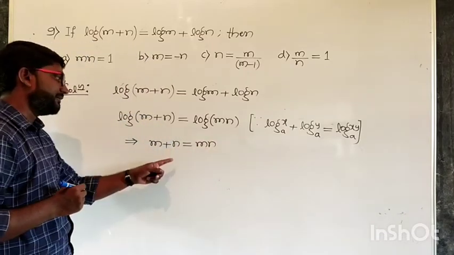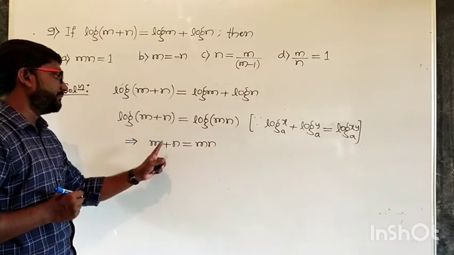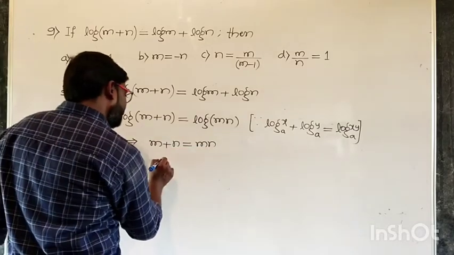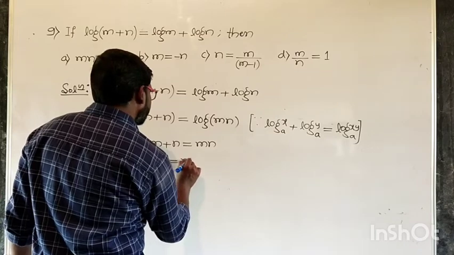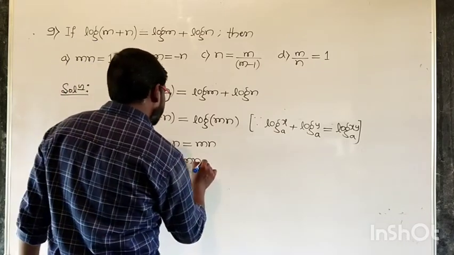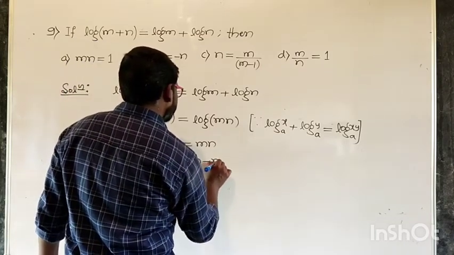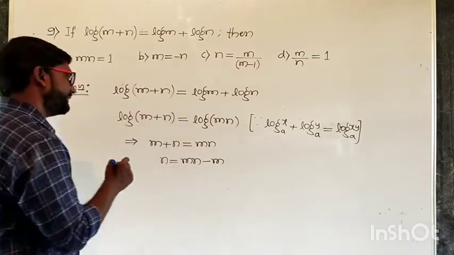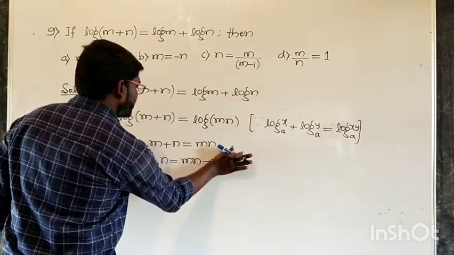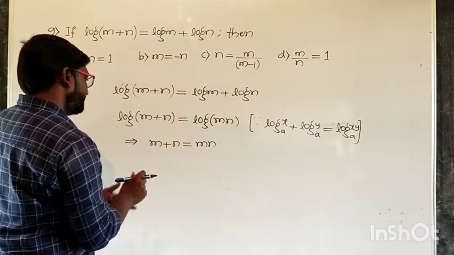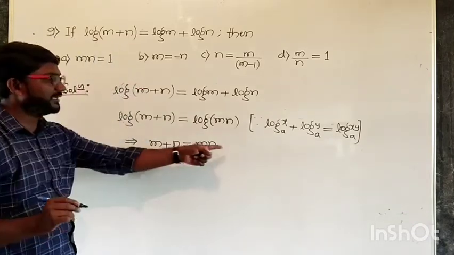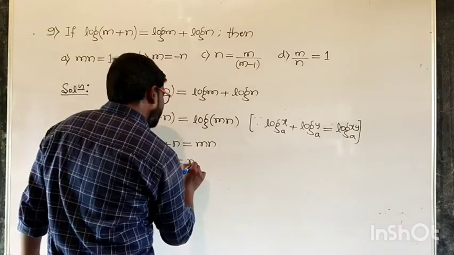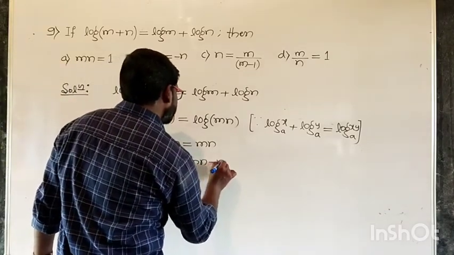Now I take m to the RHS, so n equals mn minus m. Then I take this n to the RHS, we get mn minus n.